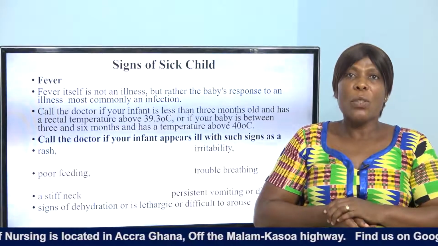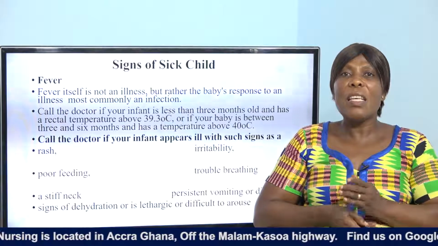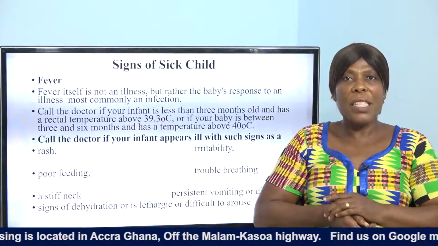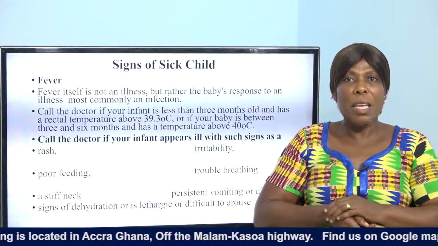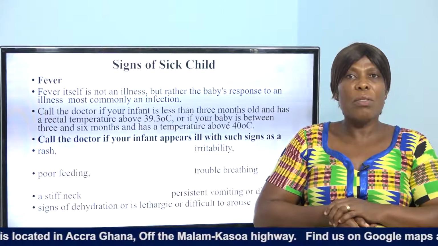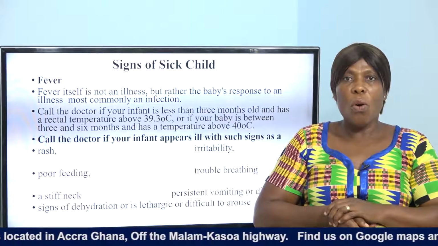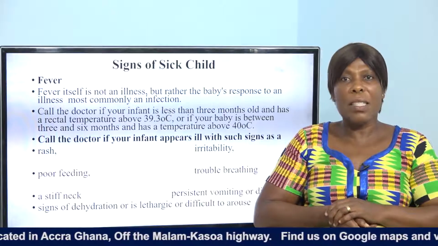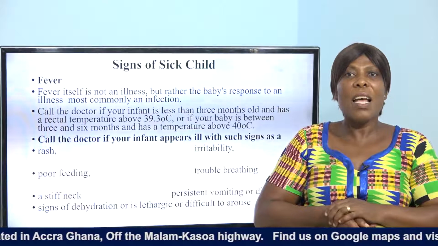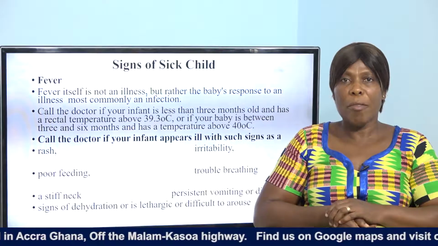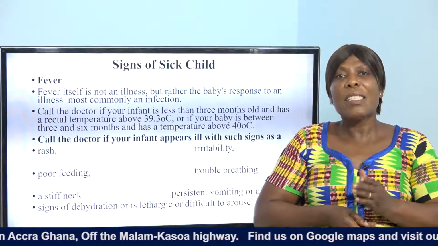Fever. So the moment you see any fever or temperature above 39.3 degrees Celsius, you need to report to the hospital. Or if your baby is between 3 to 6 months and has a temperature above 40 degrees Celsius, you need to call your doctor. So these are some of the things.